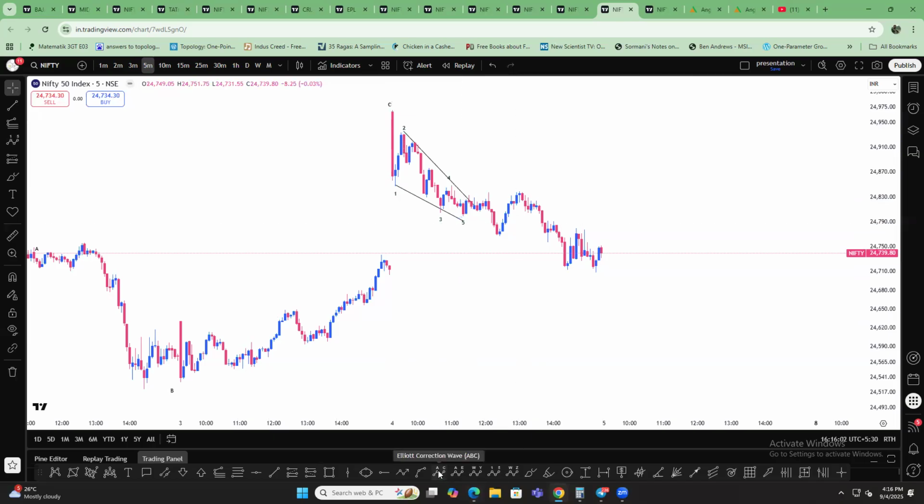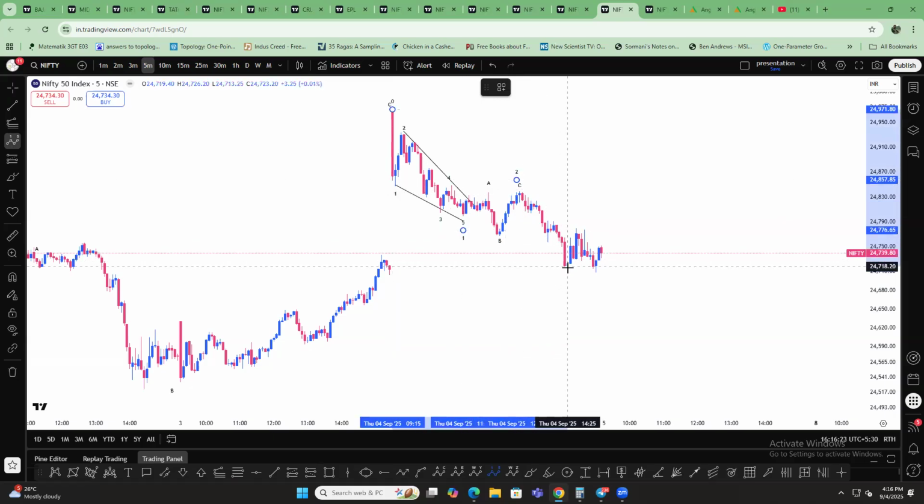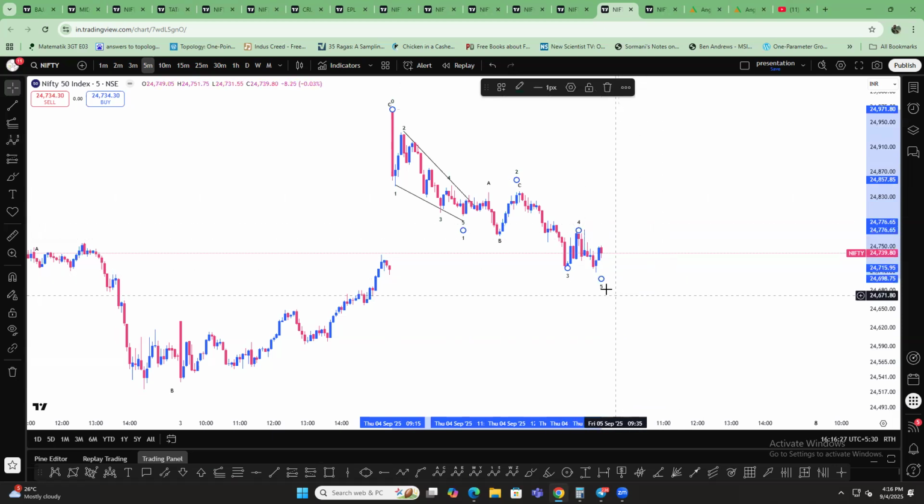Now this is the trick of the market. This is an A, B, C correction. This is called an irregular flat correction in the downtrend. And again, 1, 2, 3, 4, 5, 3. So this is 1, 2, 3, 4, and 5 is in process.